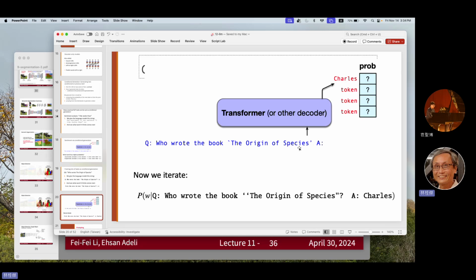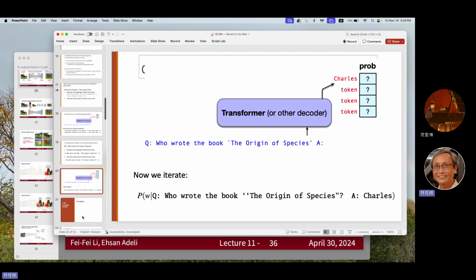And so you can see that from this large language model, it could produce Charles, or something else, and each of them would have a probability. And then you decide which one you should use.